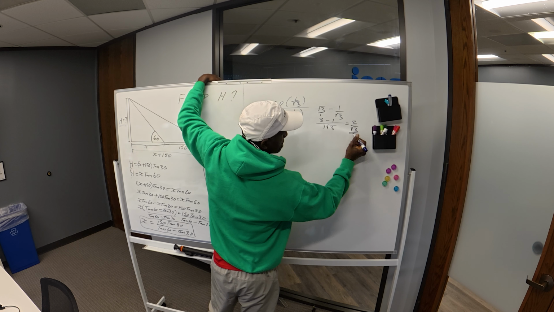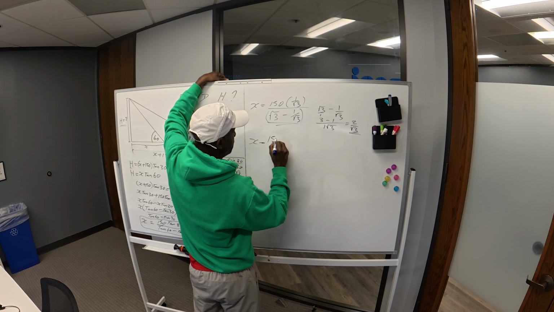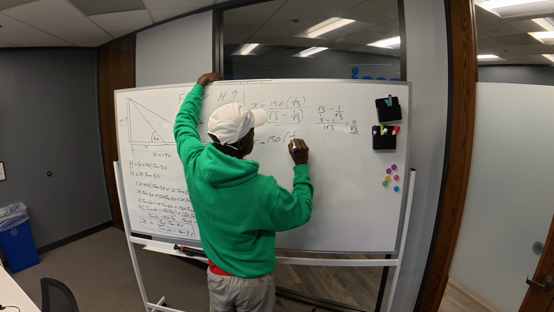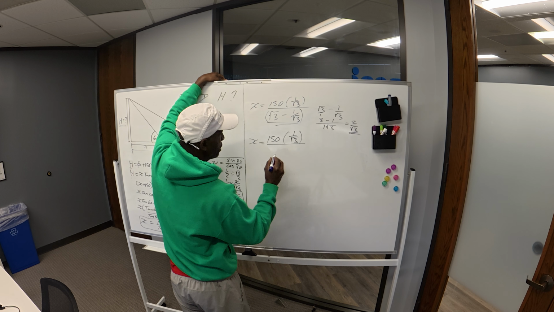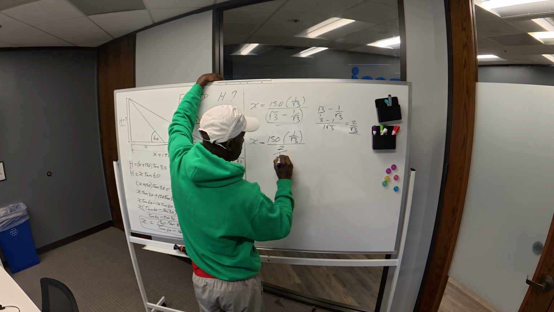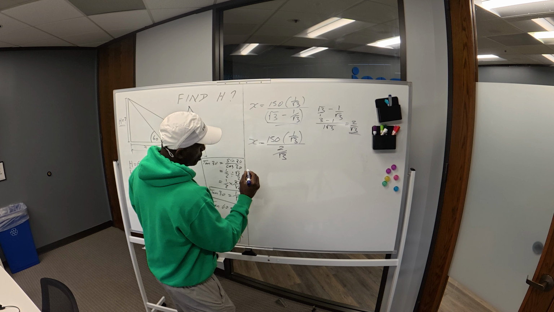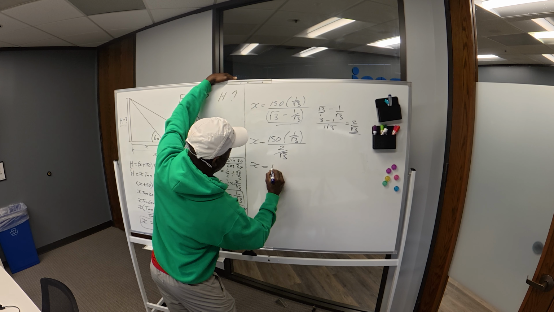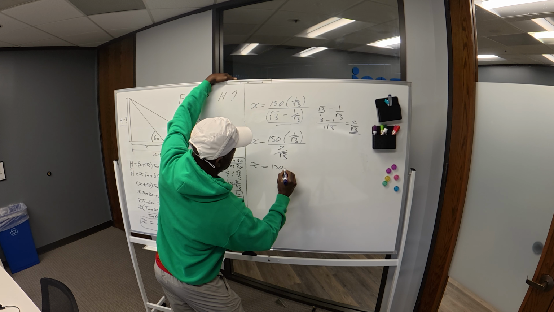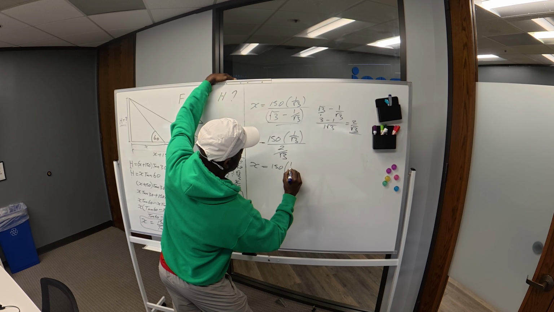Substituting this into here, I get x is equal to 150 outside of 1 upon square root of 3, all divided by 2 over square root of 3. So we can also go as far as saying x now is equal to 150 outside of 1 upon square root of 3.